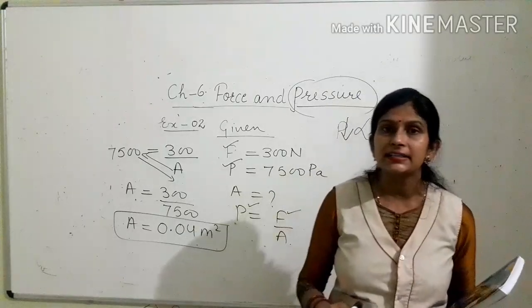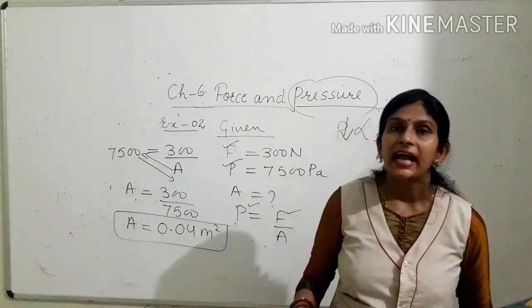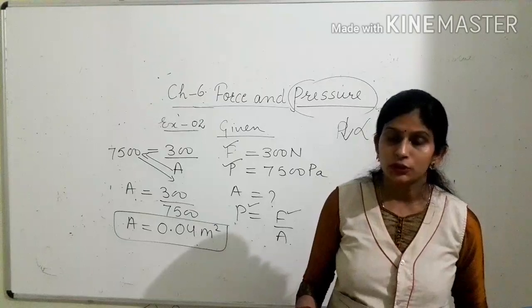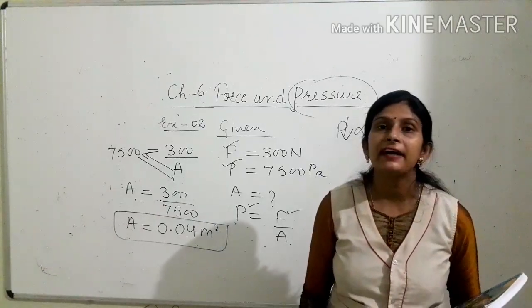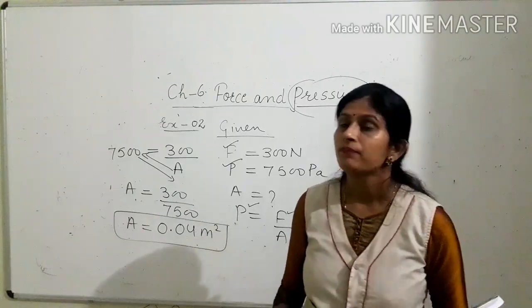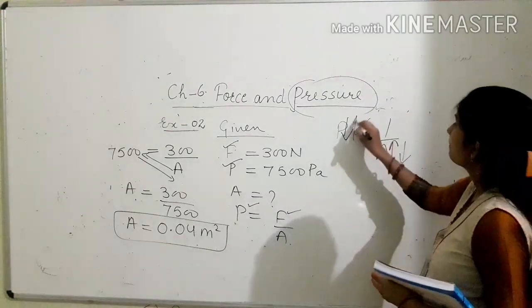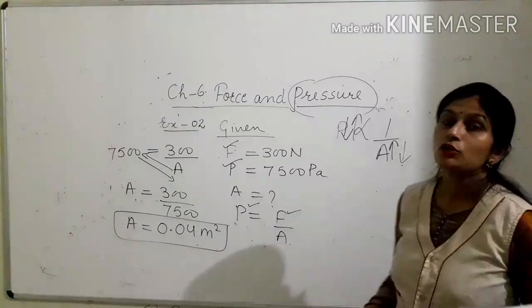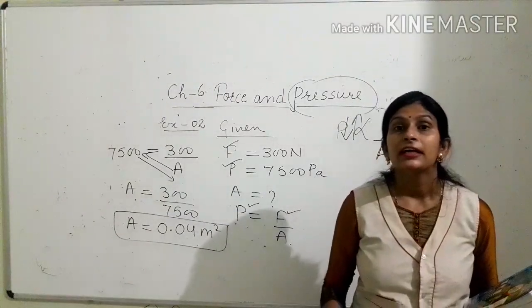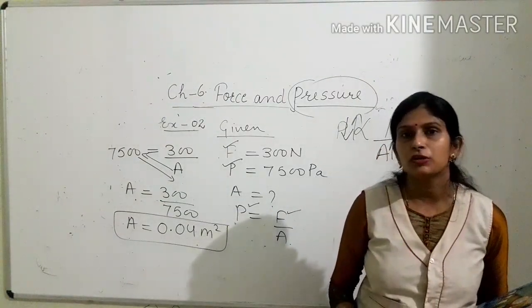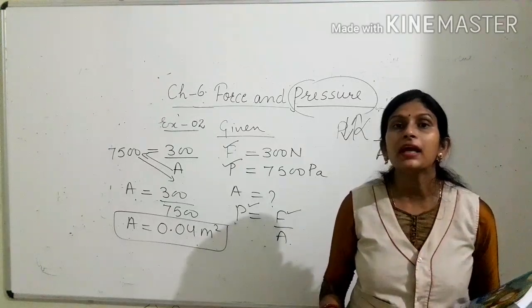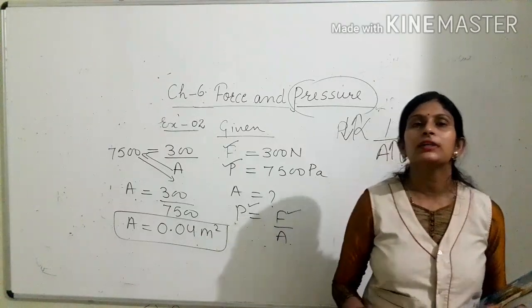But in our case, our body weight exerts a force on short unpadded feet, means on less area. So when force is applied on less area, pressure increases. So our feet create a high pressure on sand, which makes our feet sink into the sand.